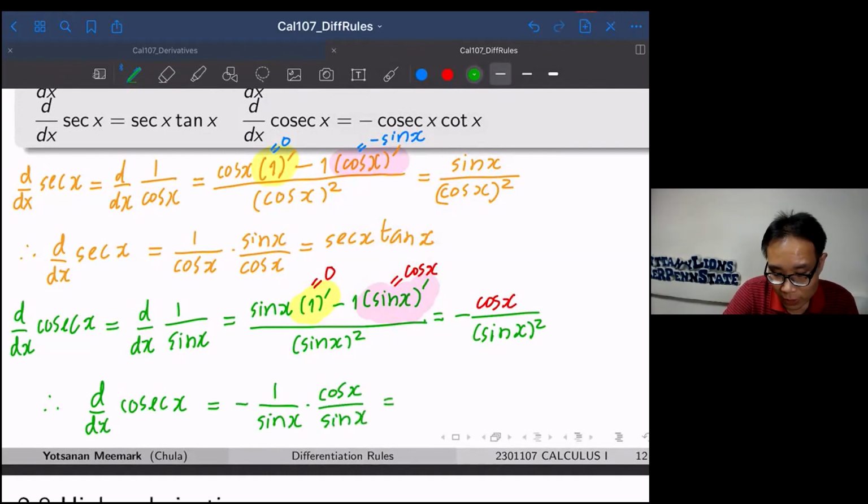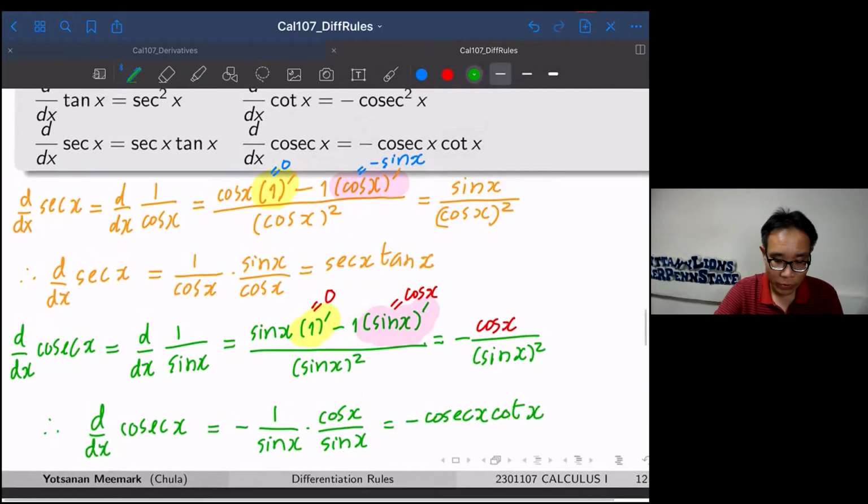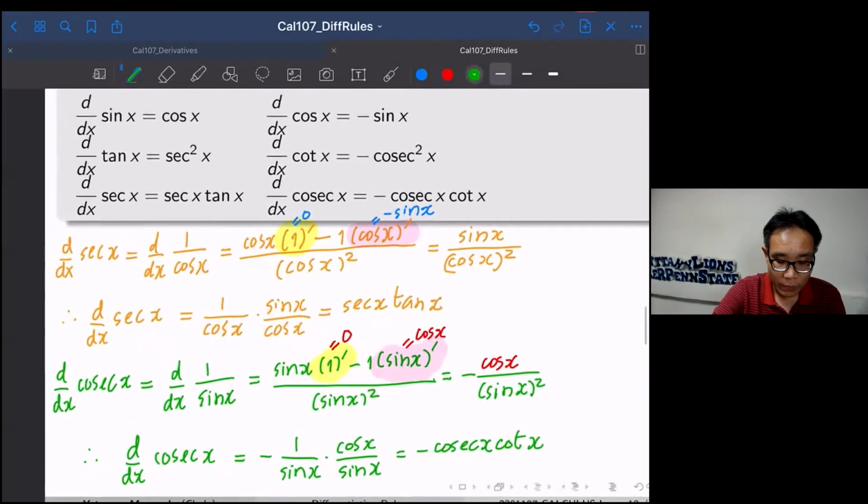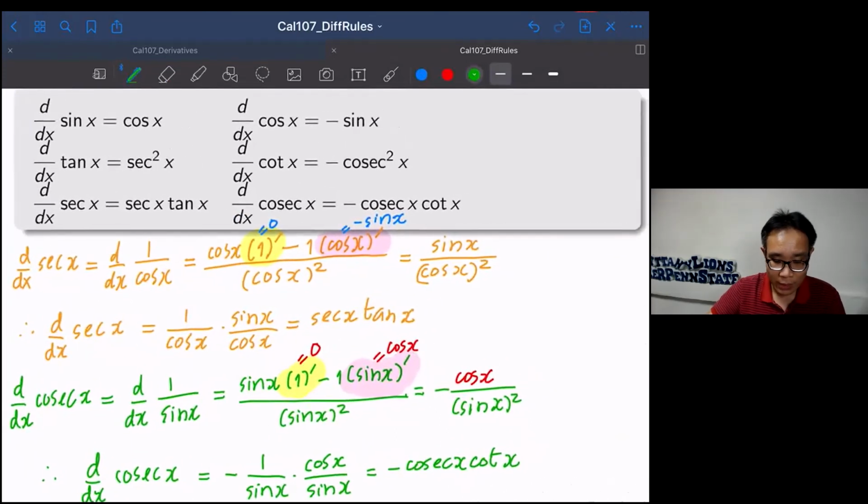So you get negative cosec x cotan x. So the derivative of sec is sec tan and the derivative of cosec is negative cosec cotan.